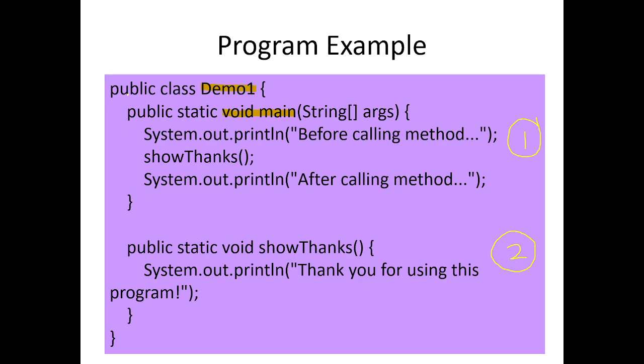We have class name Demo1. Then we have the main structure, with void main here, and the compiler will read this line, the display before calling method, so there will be an output displayed here. Then there is showThanks.